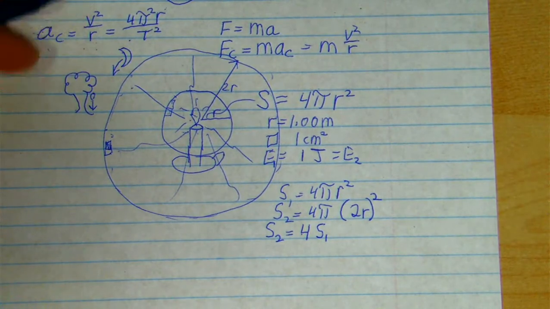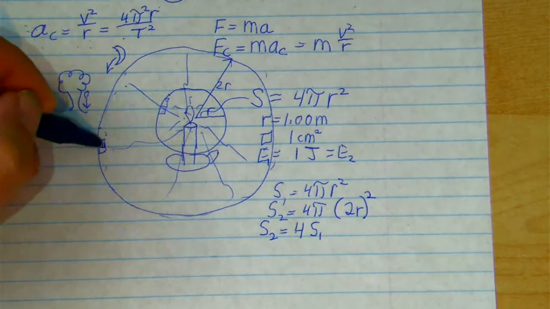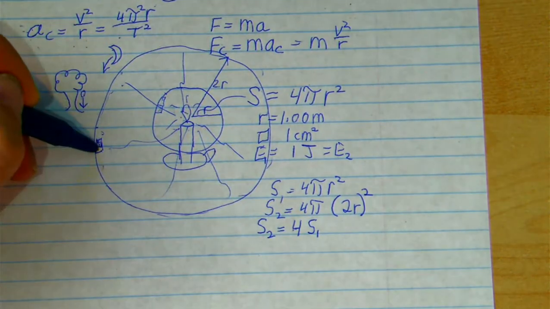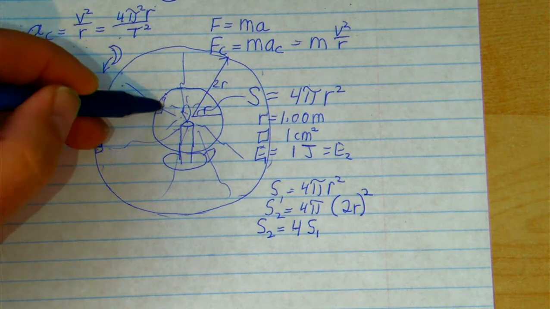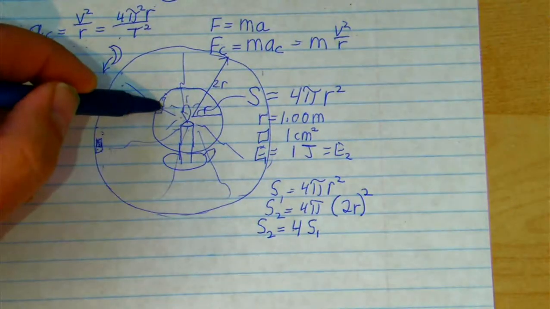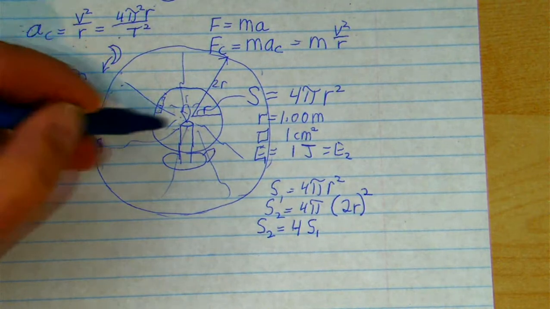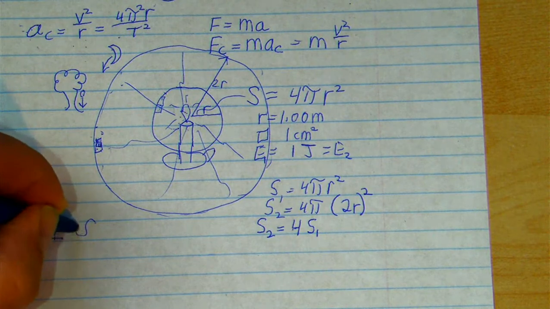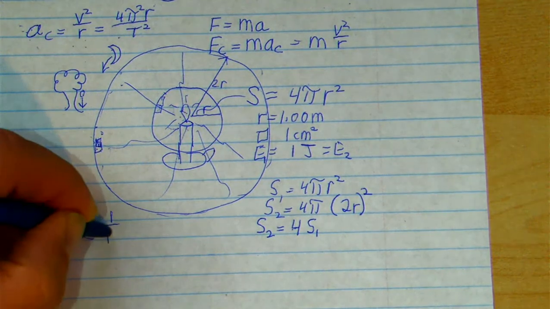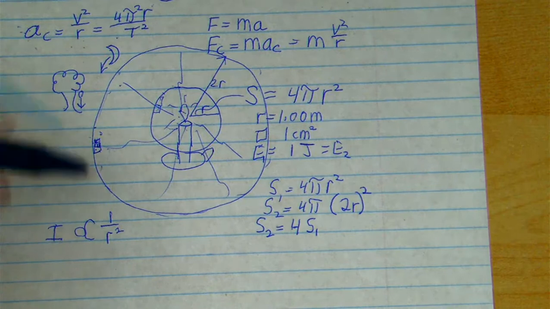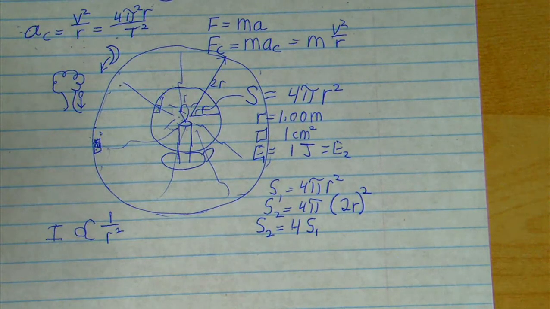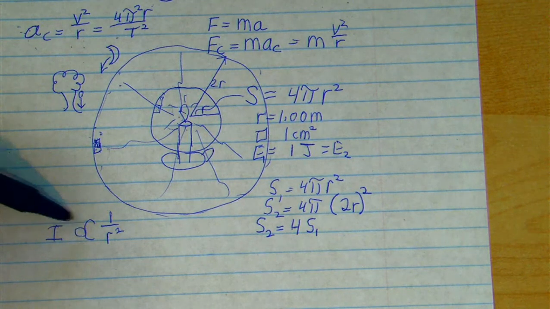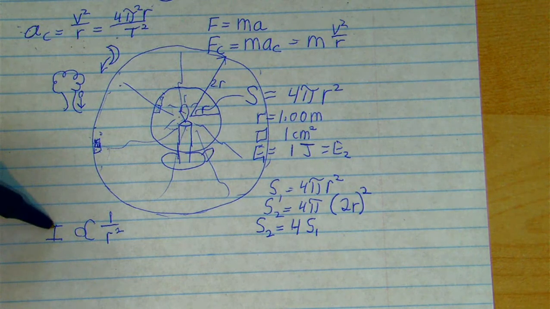So that means each detector on the larger sphere is only getting 1/4 the energy that the same size detector gets on the inner sphere. In other words, the intensity of the light is inversely proportional to the square of the distance from the candle. This is my crude attempt at doing a proportionality symbol for math class. And this is for the intensity of the candlelight.